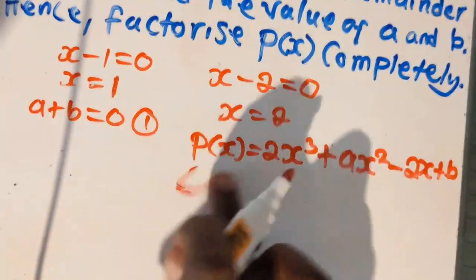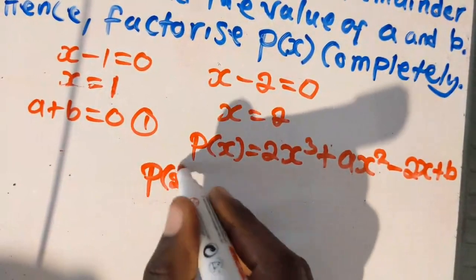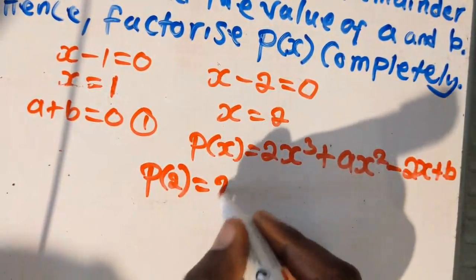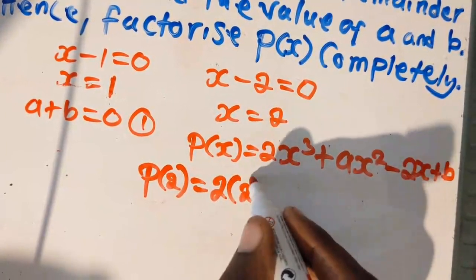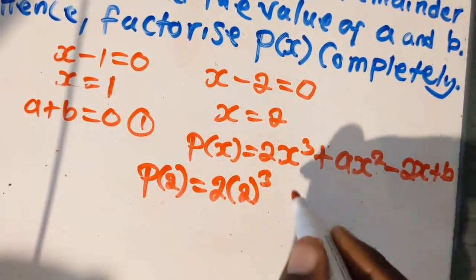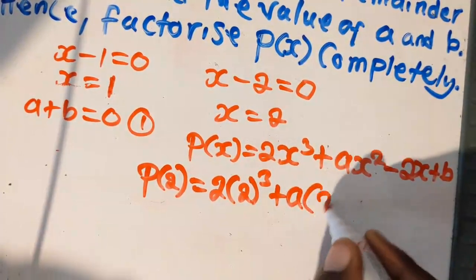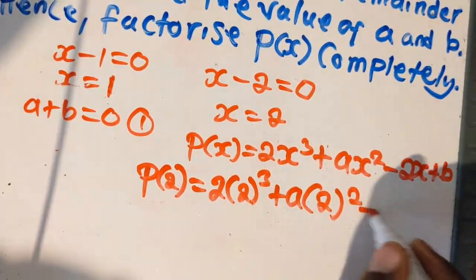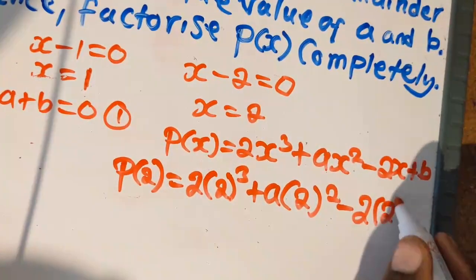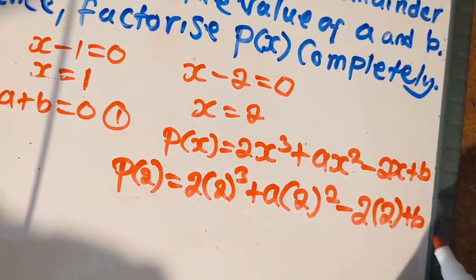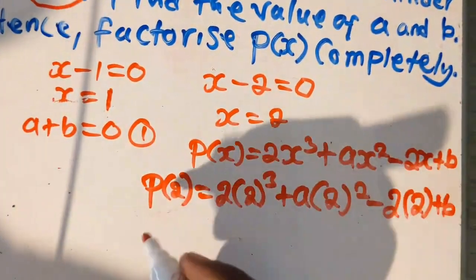So now we are going to find P of 2. P of 2 is equal to 2 multiplied by 2 to the power 3, plus a times 2 to the power 2, minus 2, open bracket, 2, plus b, like that. I hope you are able to see.